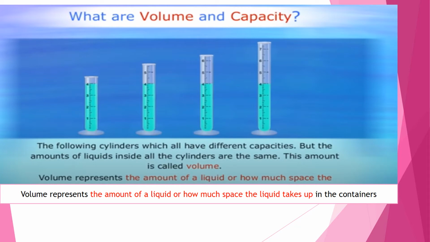What is volume? Volume represents the amount of a liquid, or how much space the liquid takes up in the container. So how much space the liquid takes up in the container is called the volume.